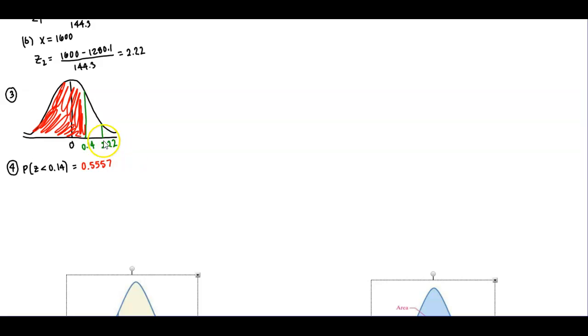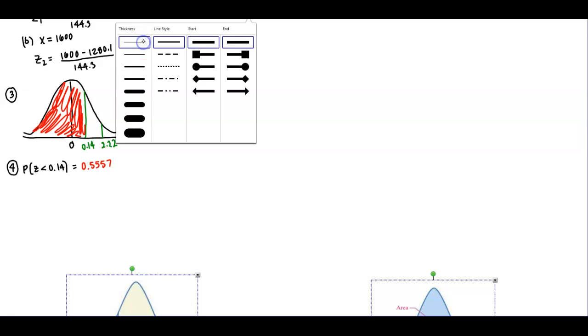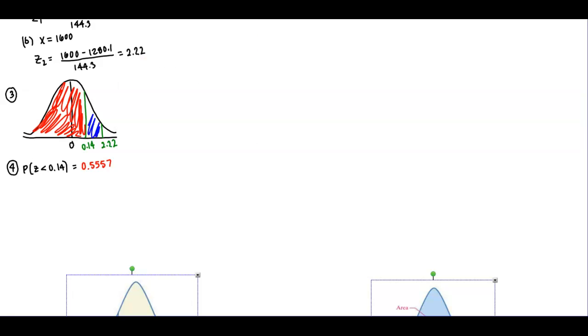And so now we want to find the area to the left of 2.22. So we're looking for the entire area that's to the left of 2.22. So let's find the probability of when z is less than 2.22.